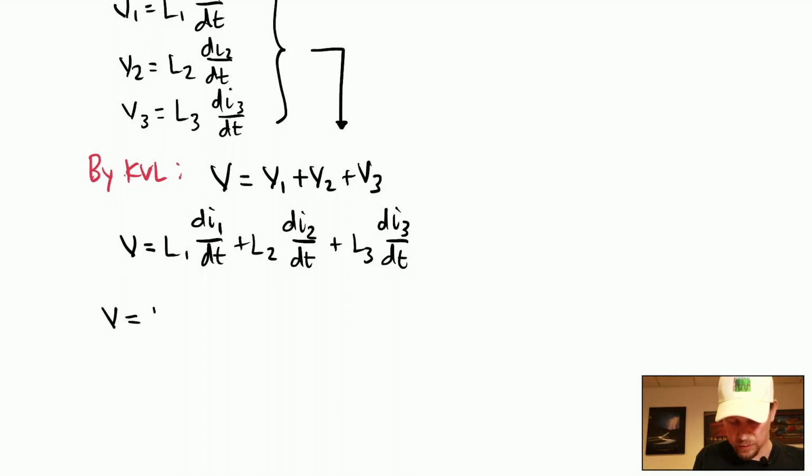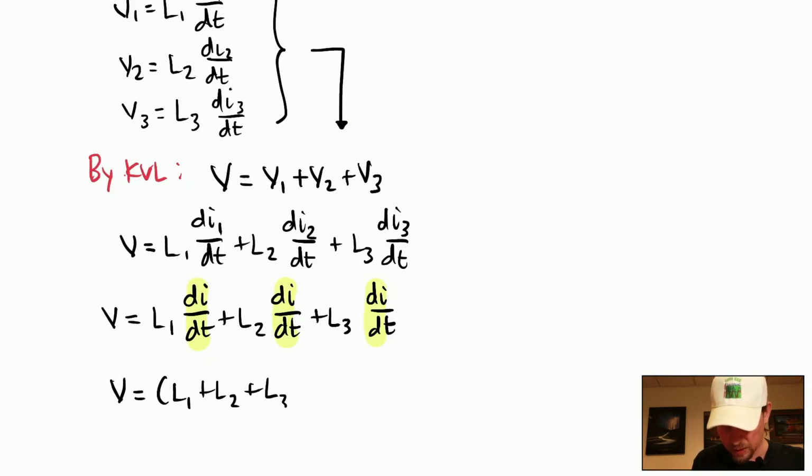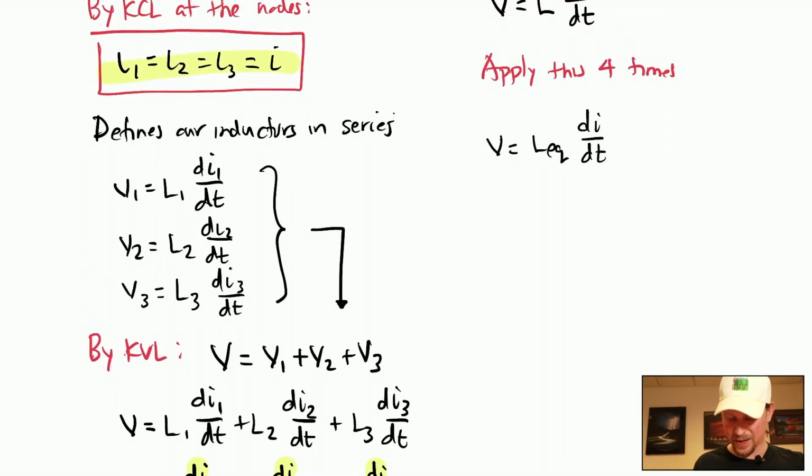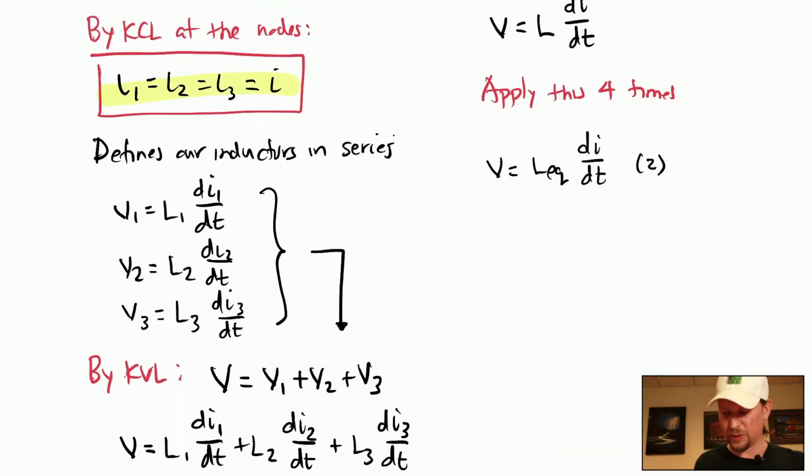So I have V is equal to L1 di/dt, L2 di/dt, L3 di/dt. And all three of these terms are identical, so we can factor them out. So we have V is equal to L1 plus L2 plus L3 times di/dt like this. And this is where the beauty actually comes in. So I'm going to call this equation 1. I'm going to call this one equation 2.